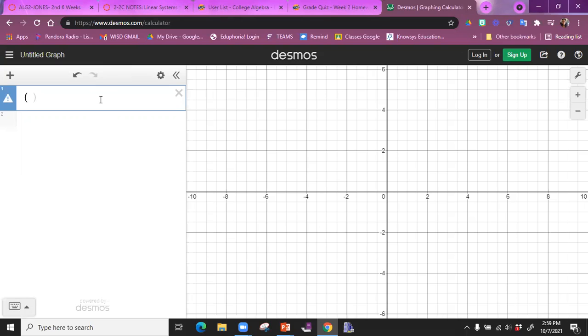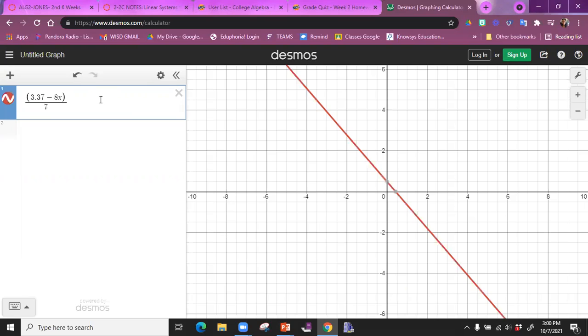So we have what on the first, our Y1 is, what was our Y1? 337 minus 8x and then divide by 7. And to divide is the forward slash, and then it creates it for me. The forward slash by your shift button.